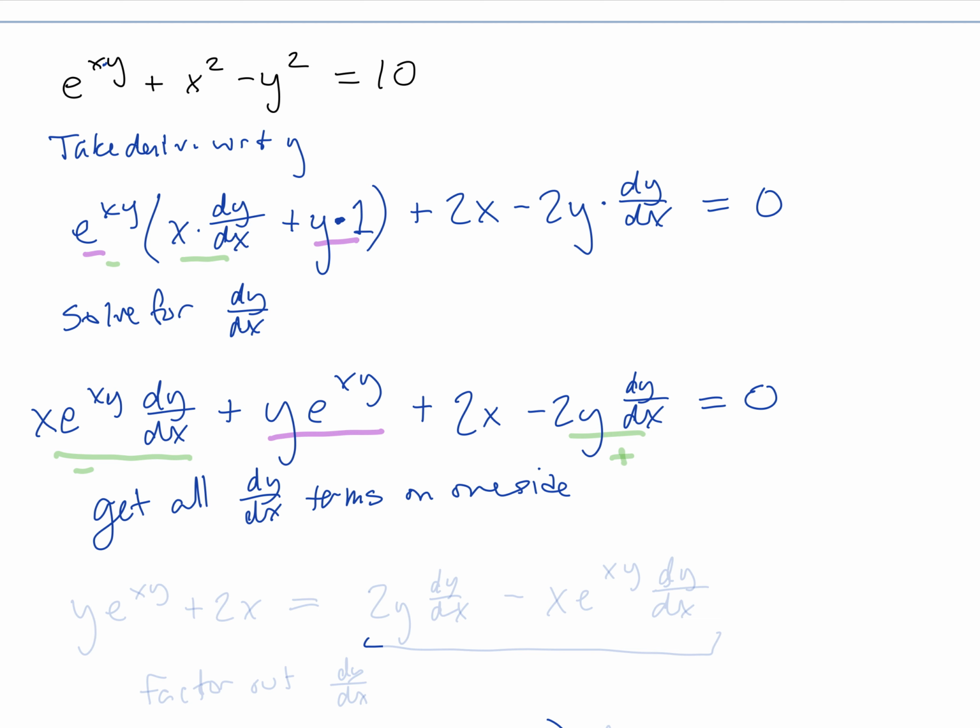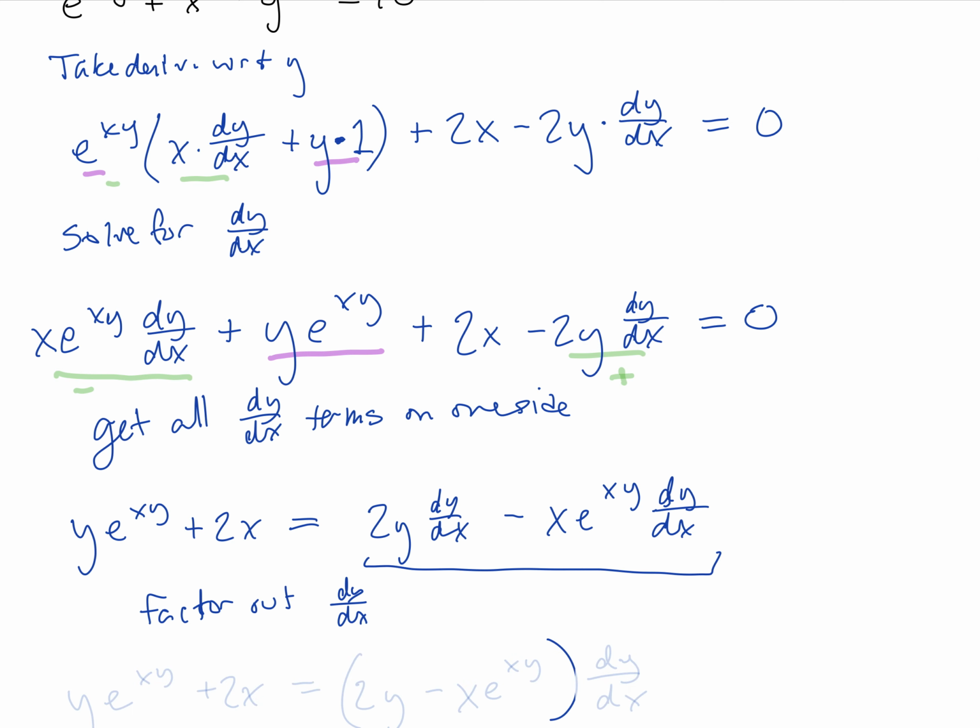When we do that, we'll have y e to the xy plus 2x is equal to, well, 2y dy/dx, we added that term over, minus x e to the xy dy/dx. So now that all those terms are on one side, we can factor out our dy/dx's. We're still trying to solve for dy/dx, so we can factor dy/dx out of each of the terms on the right-hand side.